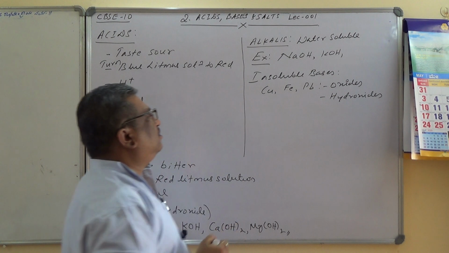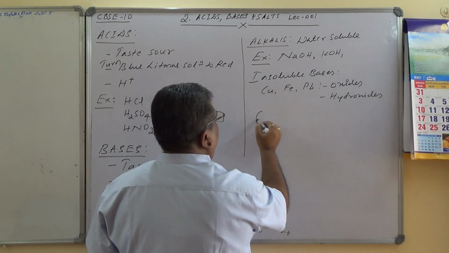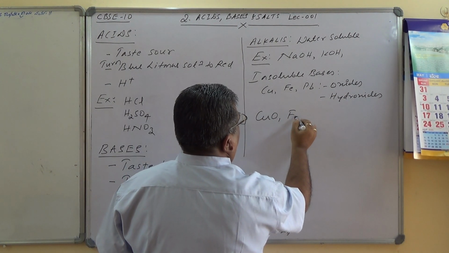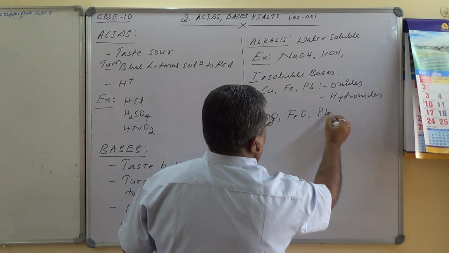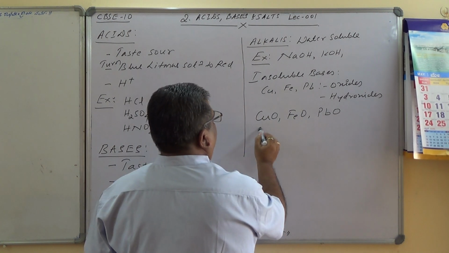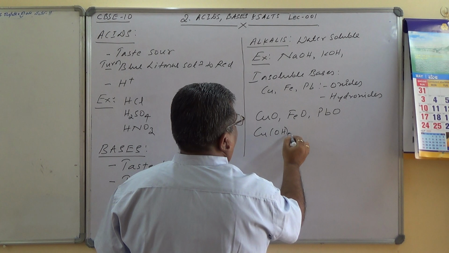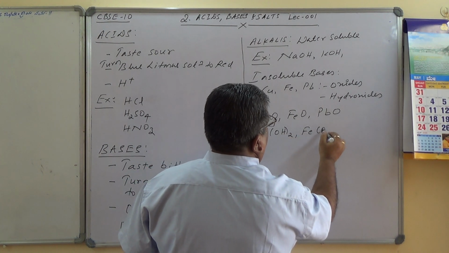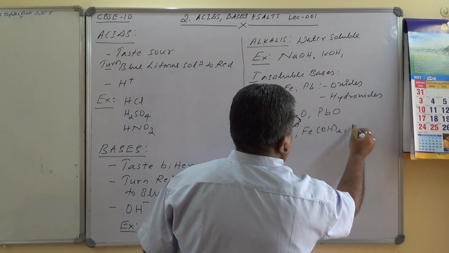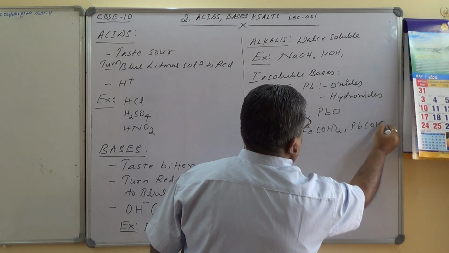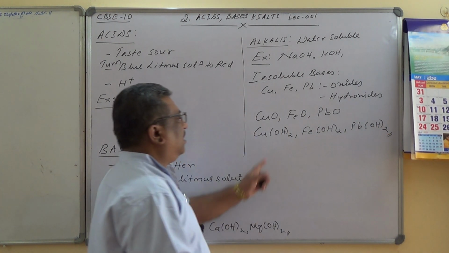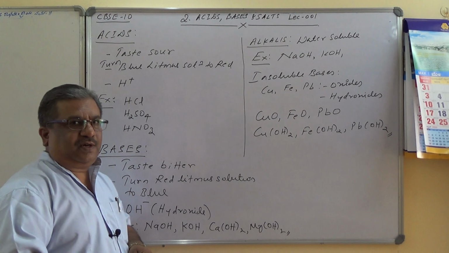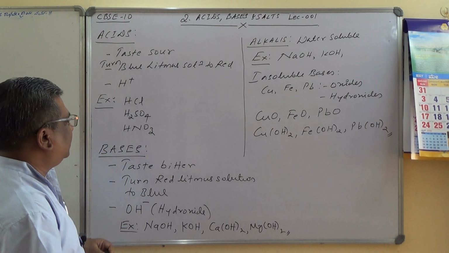These are water insoluble bases. For example, CuO, FeO, PbO, or Cu(OH)2, Fe(OH)2, and Pb(OH)2. All these are bases which are not water soluble.